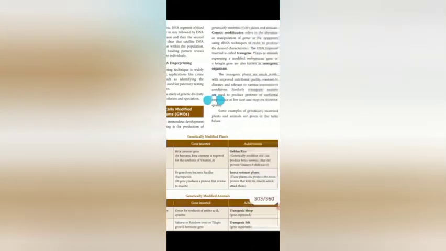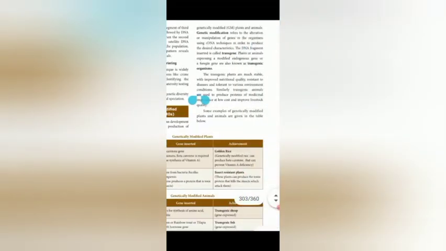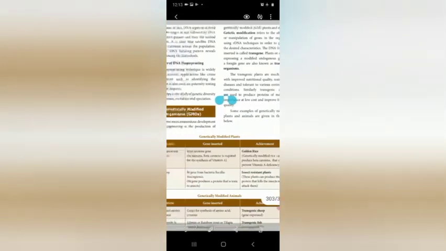This vitamin A is increased in human beings by inserting the beta carotene gene in the rice plant. Another one, achievement: by inserting this gene, we get the newly formed, genetically modified rice called golden rice. This golden rice produces beta carotene that can prevent vitamin A deficiency diseases.